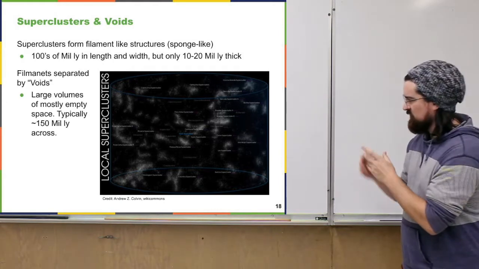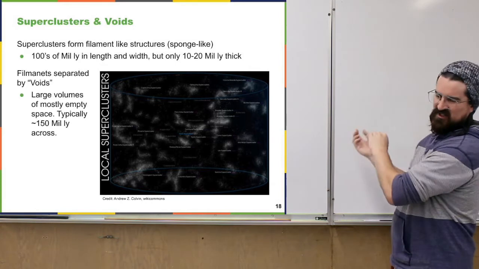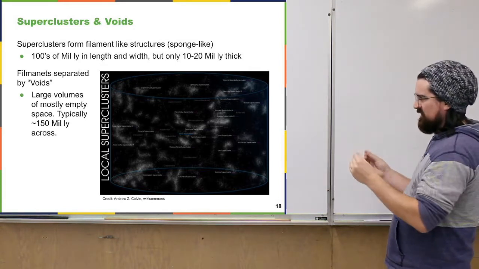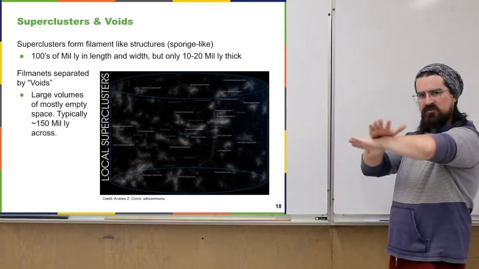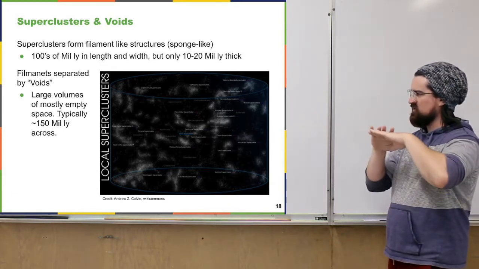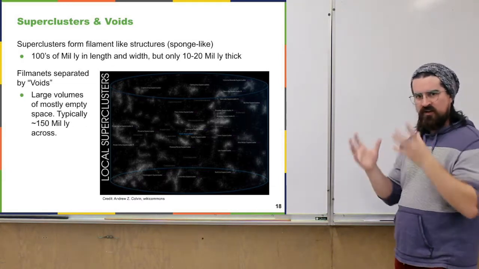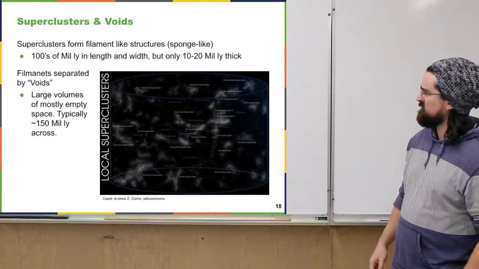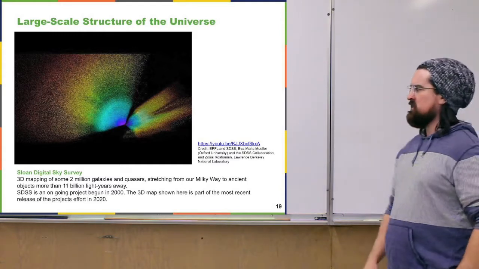It's not necessarily easy to see what the structure is like from the image, but it's actually sponge-like. There are these volumes that are fairly thin but stretch long ways in the other directions, that are the superclusters, and then there are these open areas in between those superclusters. They're sponge-like.